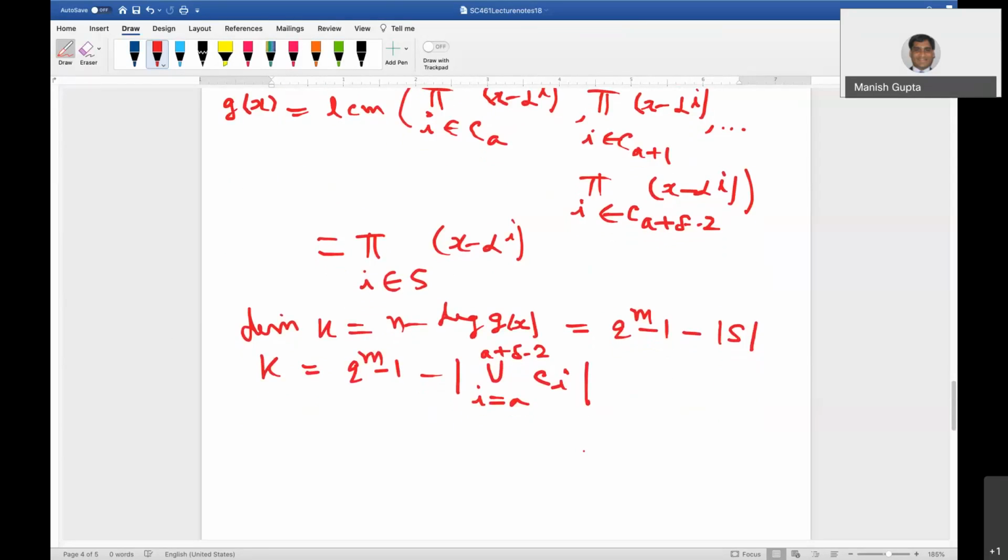Okay. Now note that cardinality of Ci is less than or equal to m. That's a general thing, and it is equal to m if GCD of i and q raised to power m minus 1 is 1.